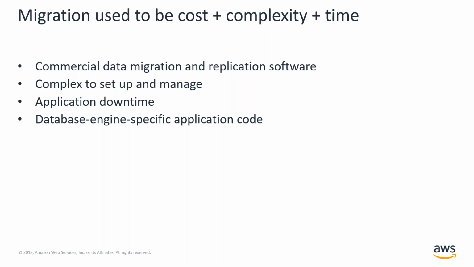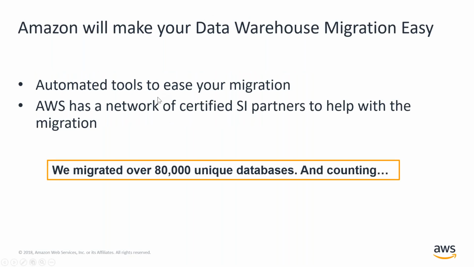And if you've done database replatforming in the past, hopefully some of these things are familiar in terms of challenges that we want to be able to address. So making sure we can do it in a timely manner and not have to take application downtime. So we want to overcome these challenges by adopting Amazon Redshift as my platform.